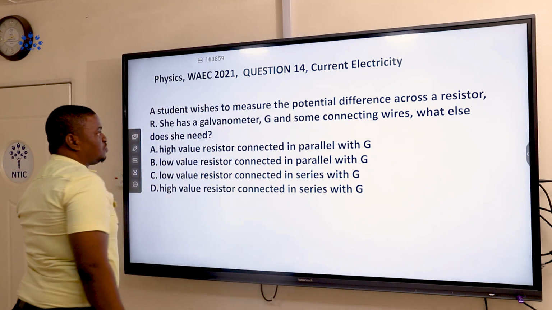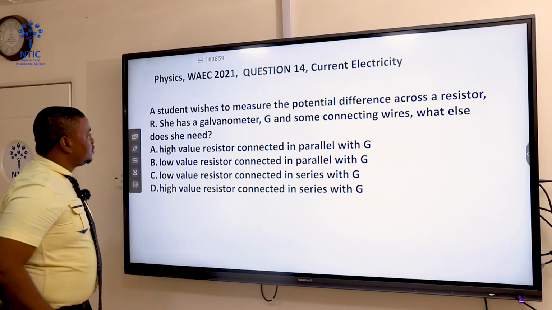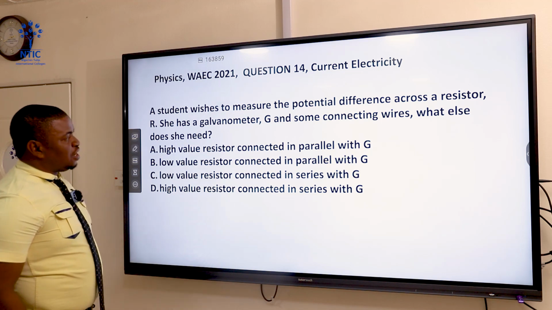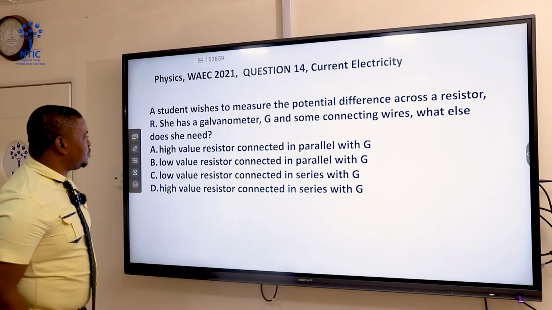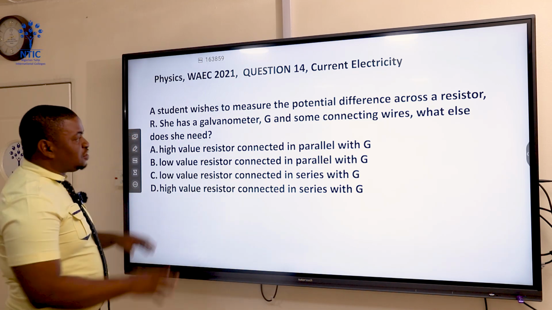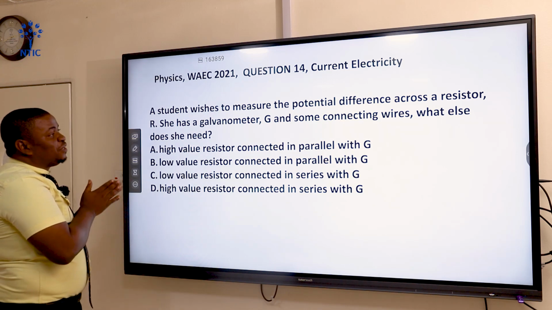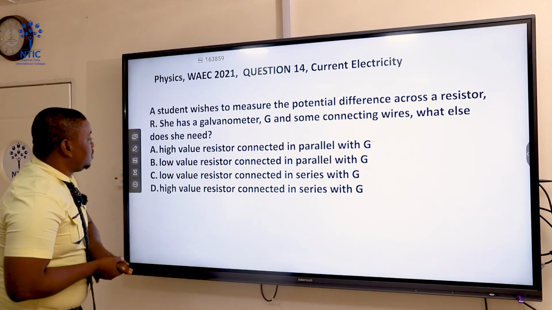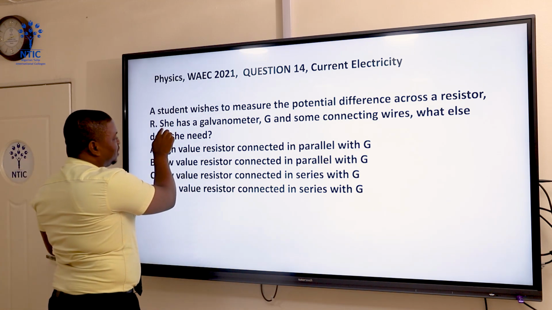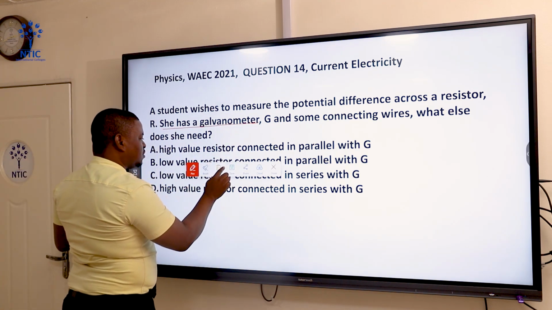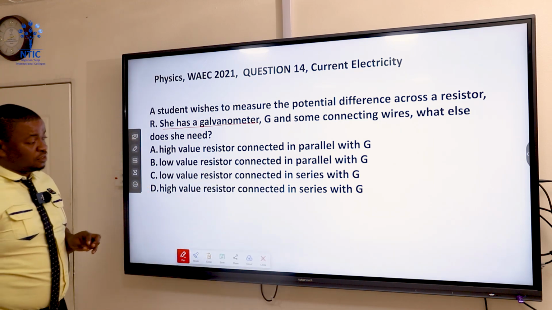A student wishes to measure the potential difference across a resistor R. She has a galvanometer G and some connecting wires. What else does she need? Now, this is a case of converting a galvanometer to a voltmeter. A galvanometer is an instrument that measures small amounts of current or potential difference.